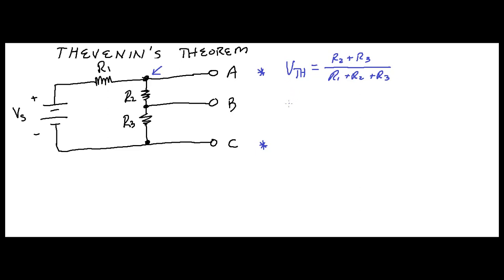How about RTH? Your Thevenin resistance. Well, obviously we're going to have to make a change here with your source, right? So let's do that. Take the source, get rid of it. We're going to replace it.